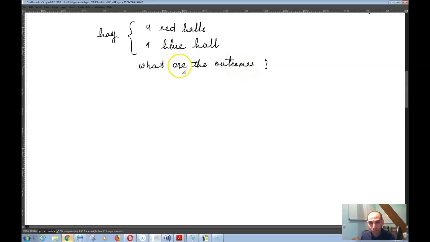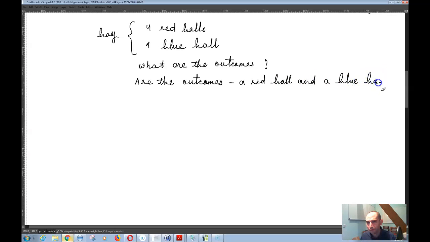Now, to be more specific, are the outcomes, a red ball and a blue ball, equally likely?